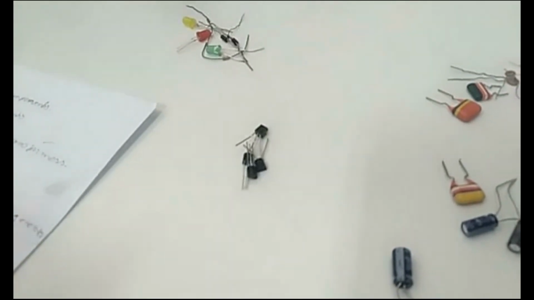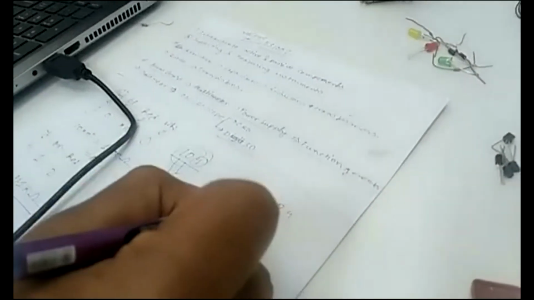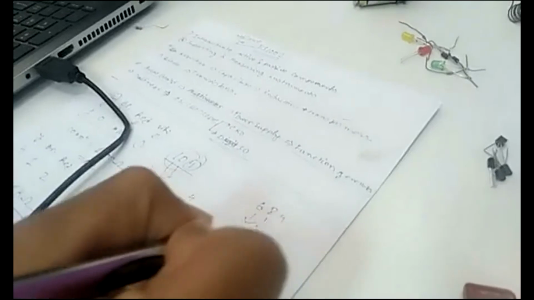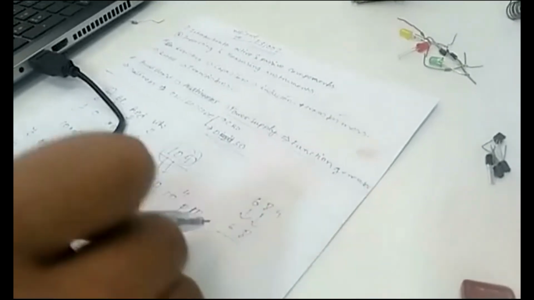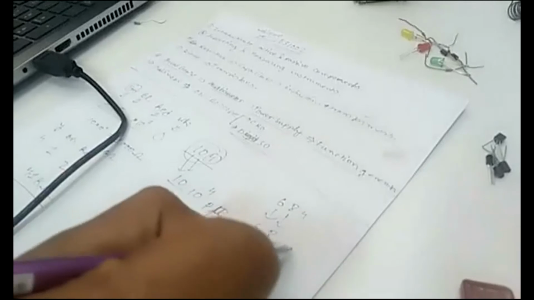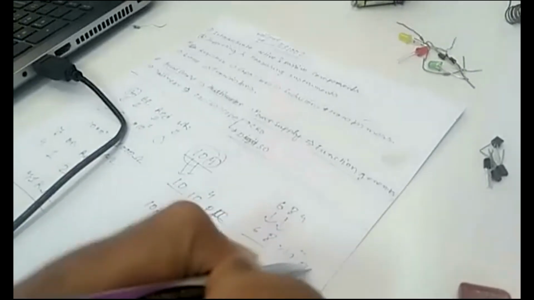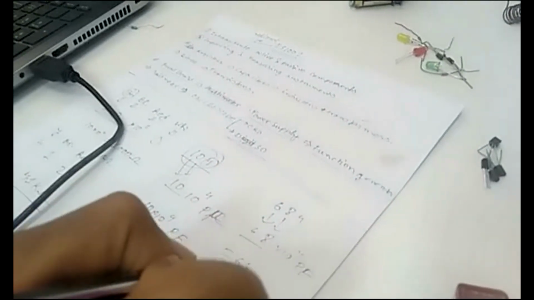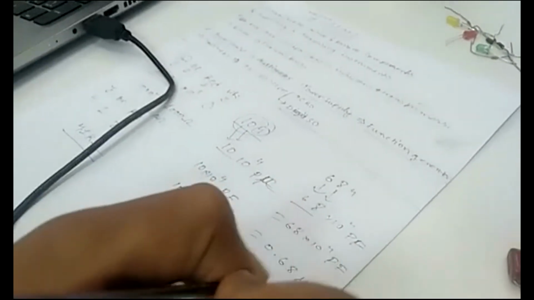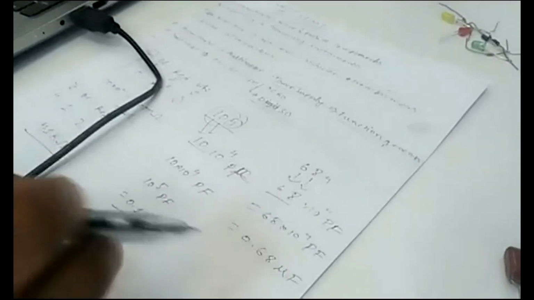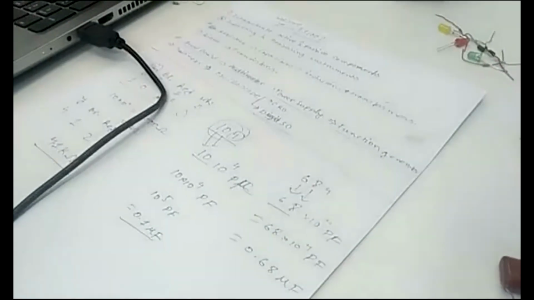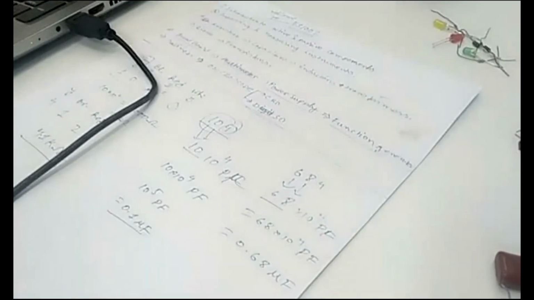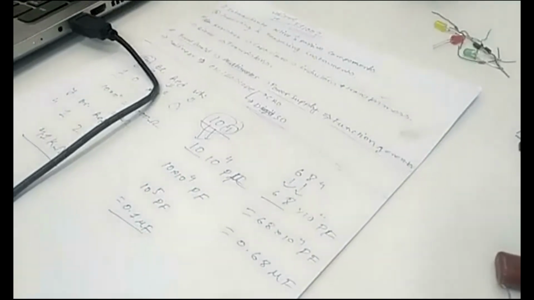From 684 we can find the capacitance value: the 6 and 8 directly contribute the first and second digits, and 4 is the multiplier in picofarad. So in total it is 68 into 10 power 4 picofarad, or in other words 0.68 microfarad. From this number coding you can estimate the capacitance value.